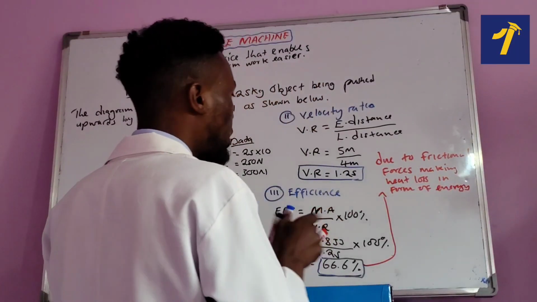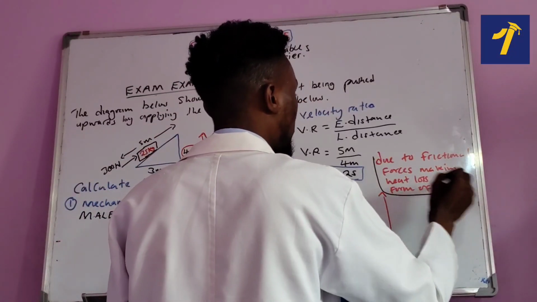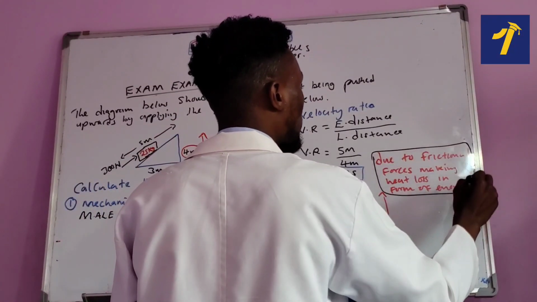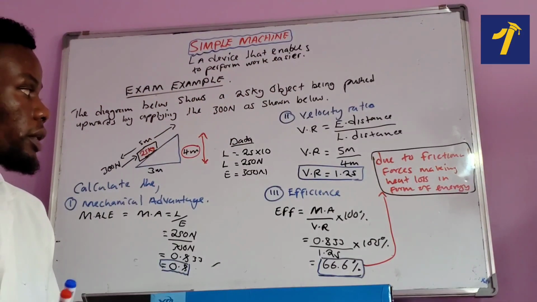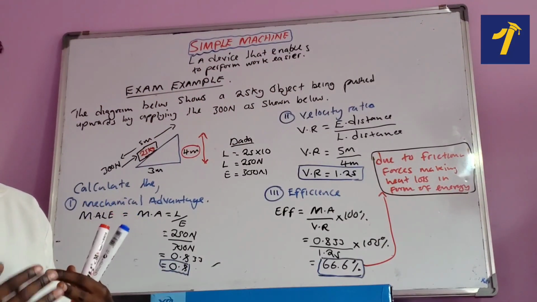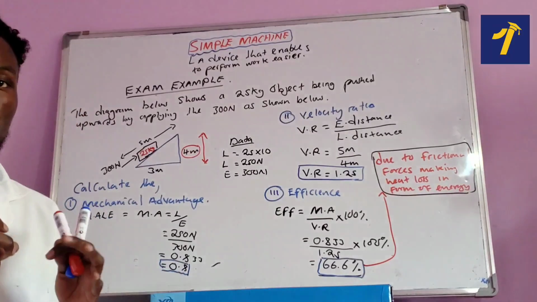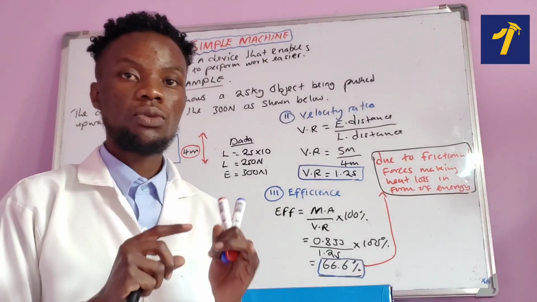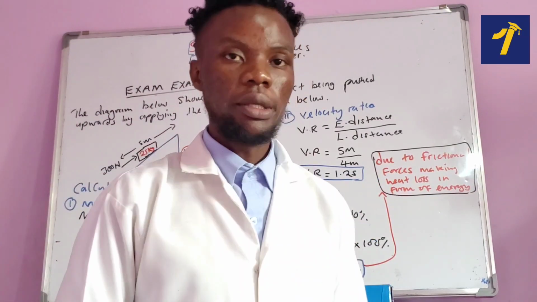So that should be the reason why this machine is not working at 100% efficiency. So you say it's because of some frictional forces making heat loss. If there is frictional force, the result of that will be heat loss, and that heat loss will be in form of energy. So that machine is losing energy due to frictional forces. That should be the main reason.